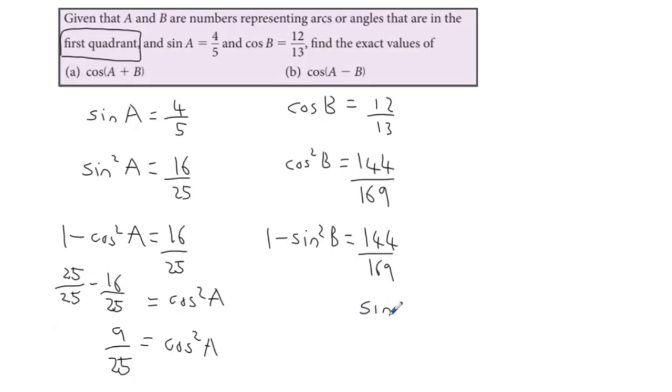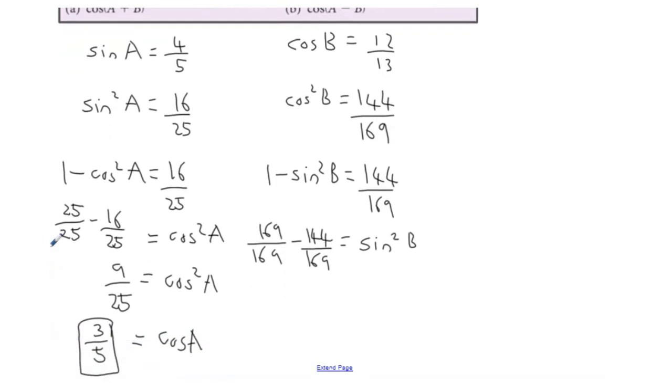Sine squared B, well, it's going to be 1 minus 144/169, so that could be 169/169 minus 144/169. You don't need to do that. You could just literally count on from 144 to 169, see how many you need. I'm sure that'll be easier once you do enough of these.